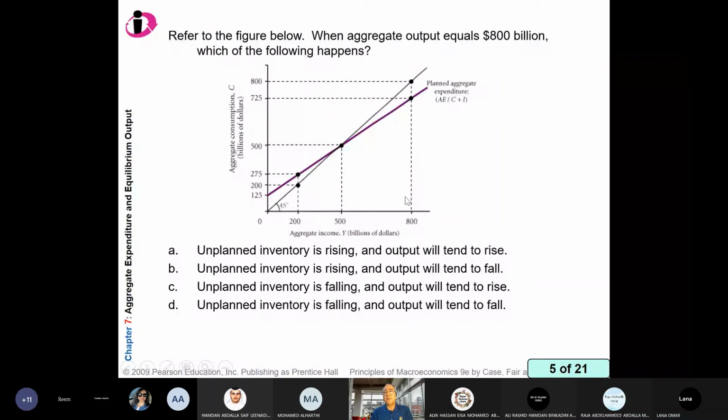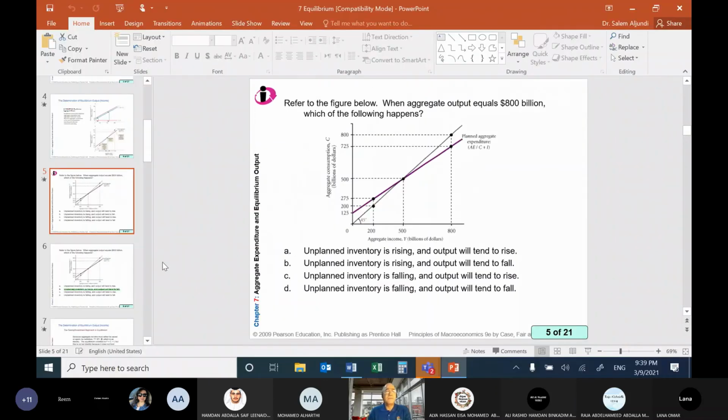We produce 800, but we sell 725. That will result in an unplanned increase in inventory by 75. The business sector will react by decreasing output till we reach the 500 equilibrium. So I answered the question using my graph or my data.